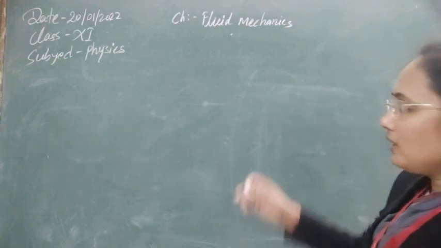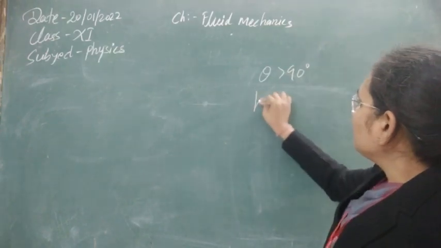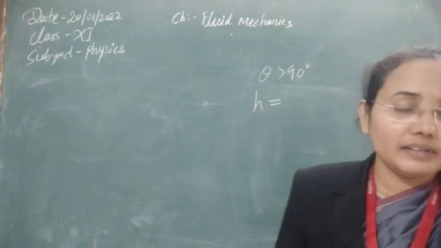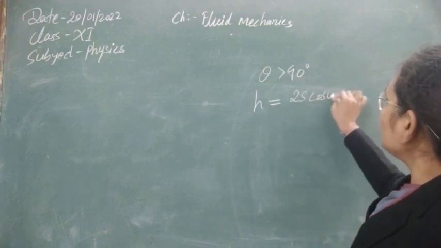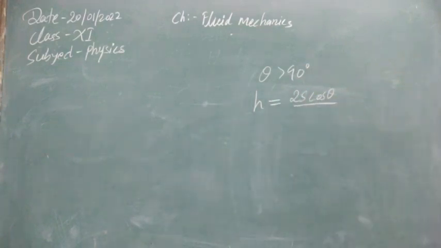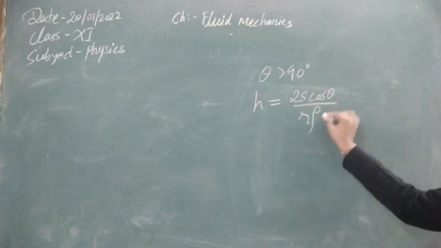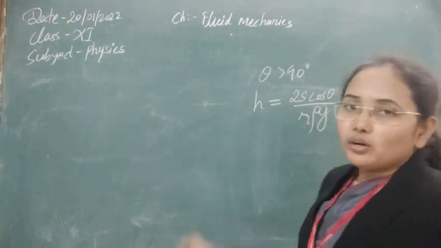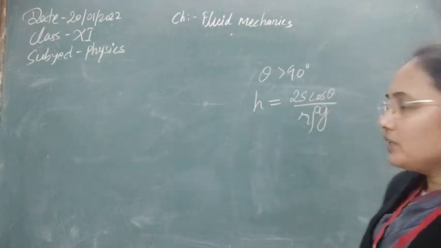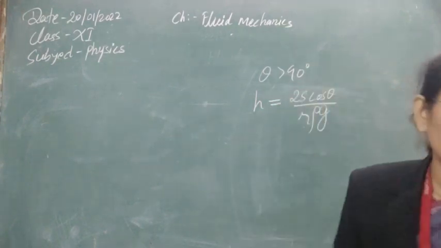So if theta is greater than 90 degrees, then in the capillary rise formula, h equals 2 S cos theta upon r rho g, where r is the radius of the capillary tube, h is the height of rise or fall, S is the surface tension, and theta is the angle of contact.